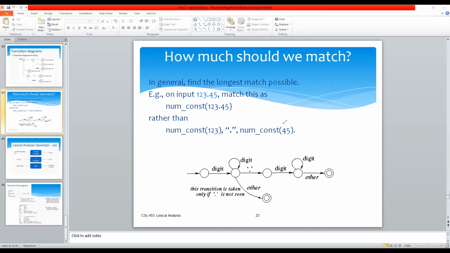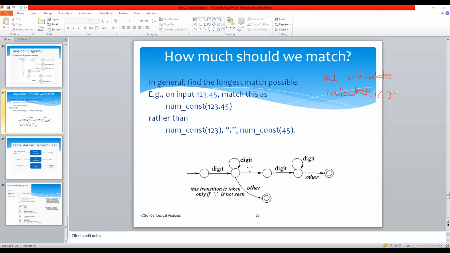The example is, consider a C program in which I have a variable int calculate, and I have a user defined function called calculate 1.